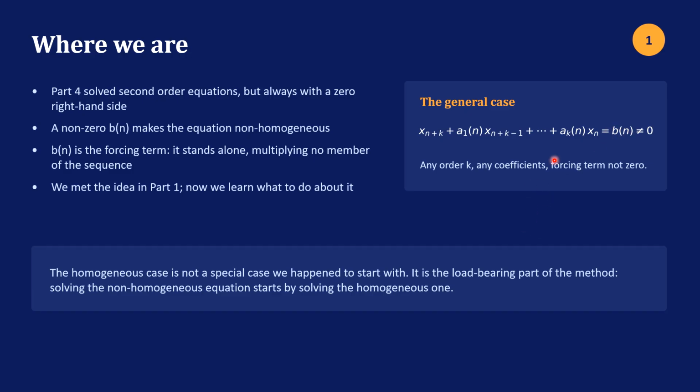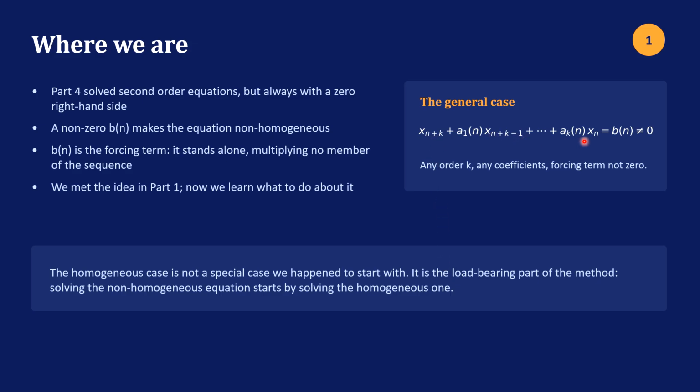So as I mentioned in the first slide, what we first did was solve this where b of n is 0, and we get a solution for that. And then we find a particular solution when we put b of n back in, and then we combine the two parts to get a complete solution. So we'll go through the general procedure in a little bit more detail, and then I have 2 examples in this lesson.